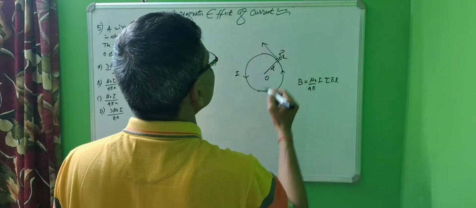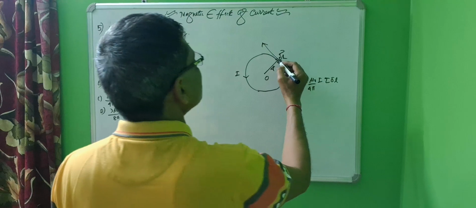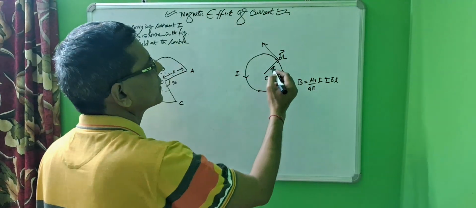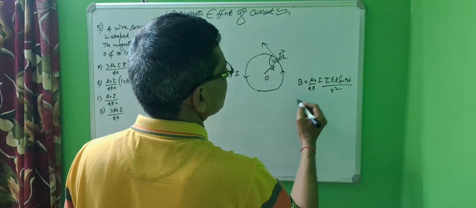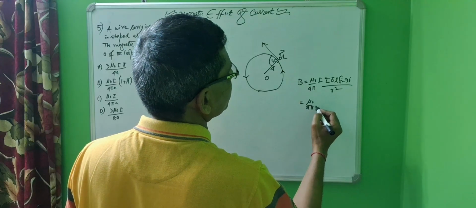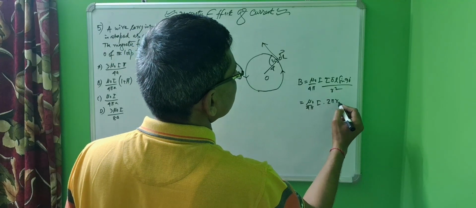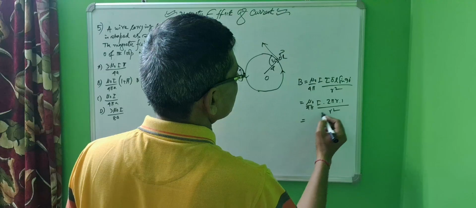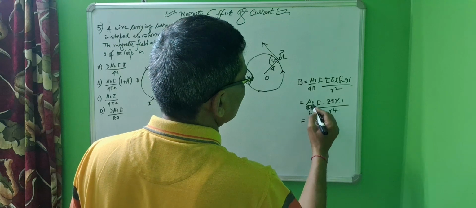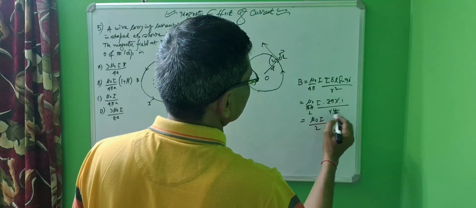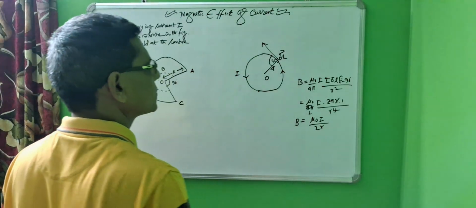The angle, which is tangent to the circle at that point, is 90 degrees, so sine 90 divided by r square equals mu 0 upon 4 pi I sigma delta L, where delta L equals twice pi r, sine 90 equals 1, divided by r square equals mu 0 I upon 2 r. So B equals mu 0 I upon 2 r. It will be applied here.